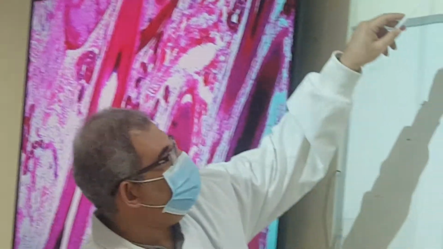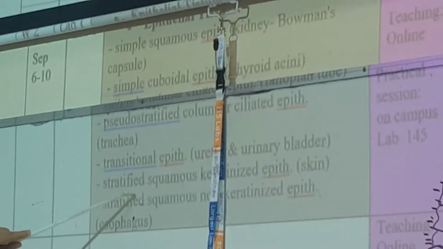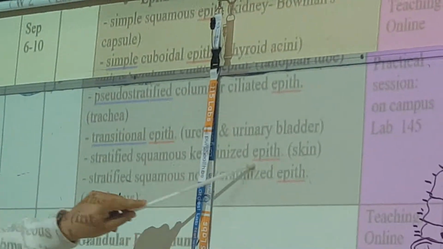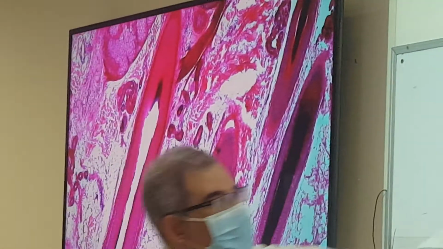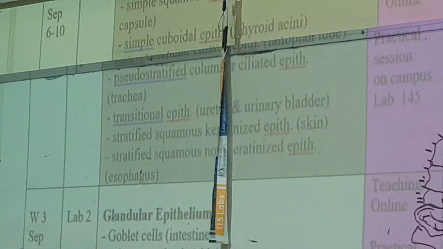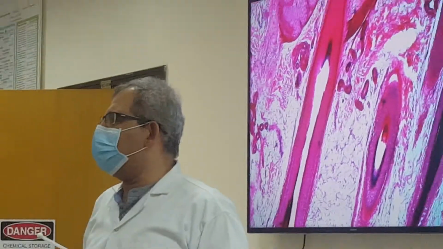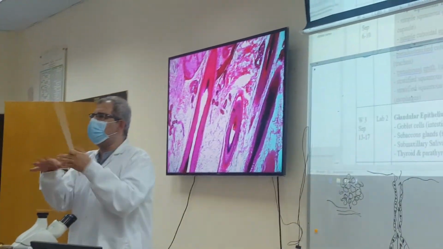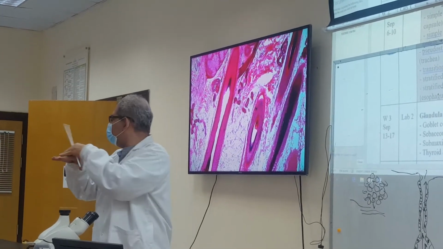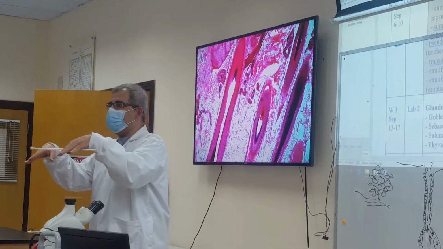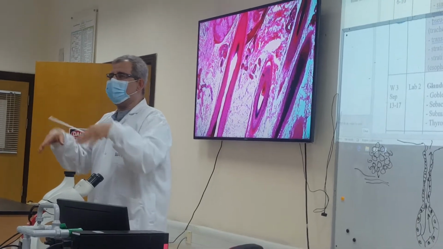Stratified squamous keratinized epithelium, and this is in the skin, because there is another type of epithelium that is non-keratinized. So you need to remember these ones. Today we are using this one as an example of secretions. What is secreted in the skin? Here is our skin. What do we secrete in the skin? Does our skin do secretions? You all have skin, right? What does it secrete?